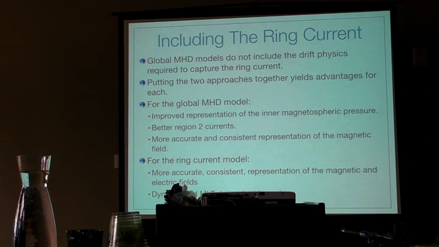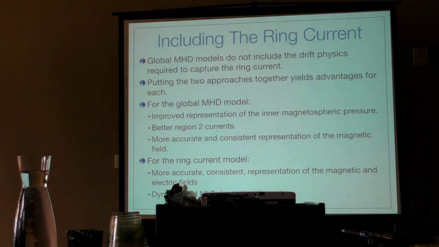But we do have a lot of bounce-averaged kinetic ring current models and other ring current models that do include the drift physics. And so if you put those two approaches together, through model coupling, you can get a lot of advantages. For the global MHD model, you can get an improved representation of the inner magnetosphere pressure, you get better region 2 currents, and a more accurate representation of the magnetic field.